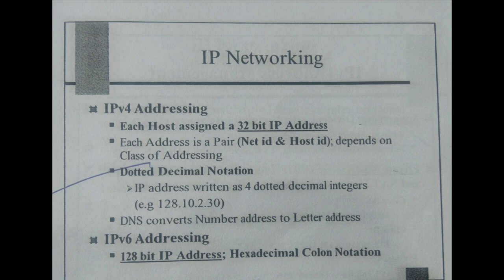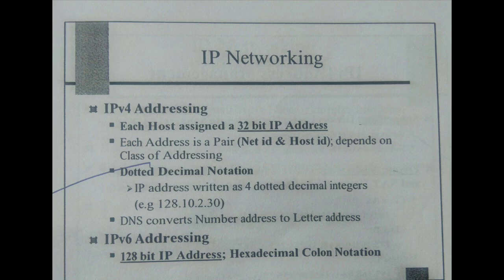Then we have DNS, domain name system, which converts number addresses to letter addresses. If you type google.com, you are not really typing google.com; you are typing a specific IP of Google, but that IP is converted into a domain name that is easy for all of us to remember.